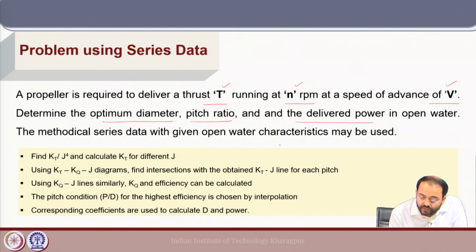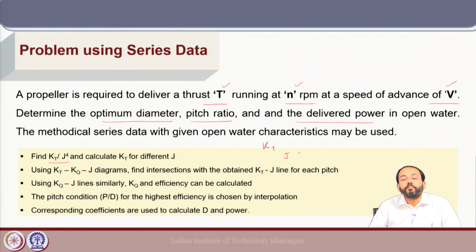So, if we think of these factors, KT has a term propeller diameter in it and J also has propeller diameter in it.